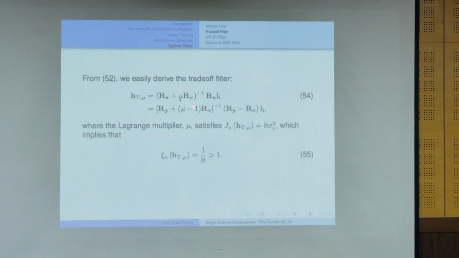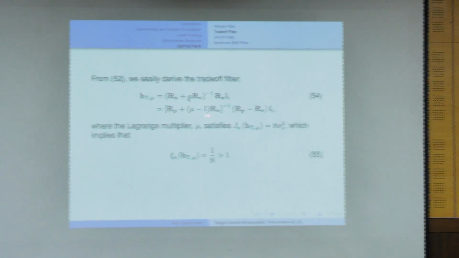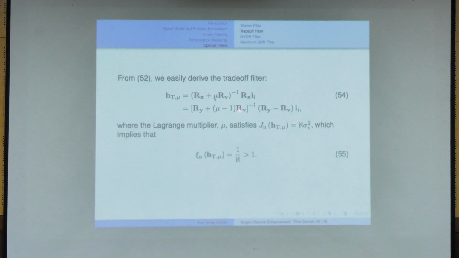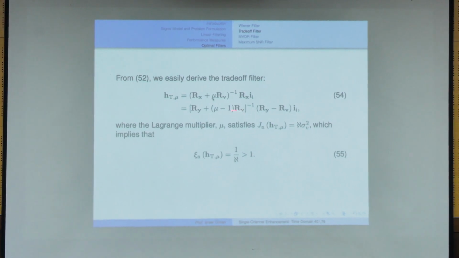But if you take a different expression, for example, if you take Rx and replace it with Ry minus Rv, you don't multiply Rv with mu, because it's not true. So you need only to take the solution. Okay, so we can get different expressions and so on.